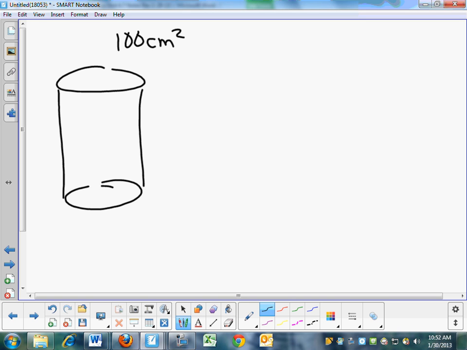Okay, so you got this shape, right? And you got 100 square centimeters that you can use, right? So what I want to do is maximize what? Volume. Volume equals... All right, well, we're well on our way.